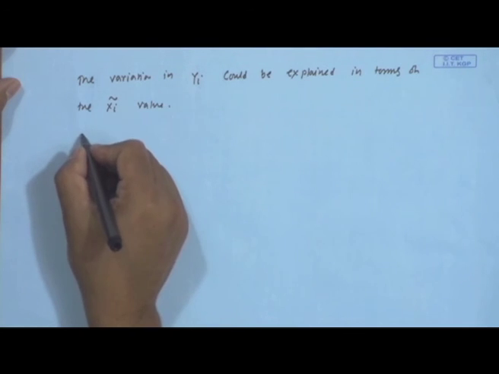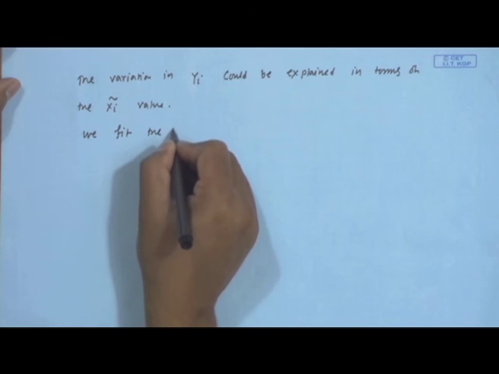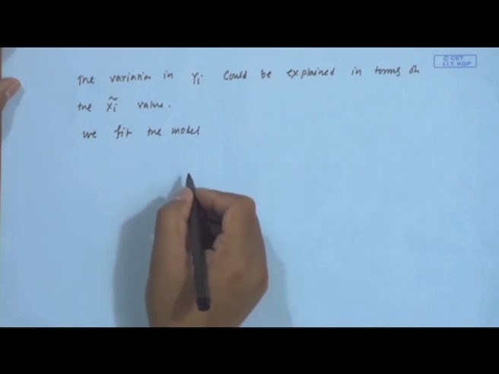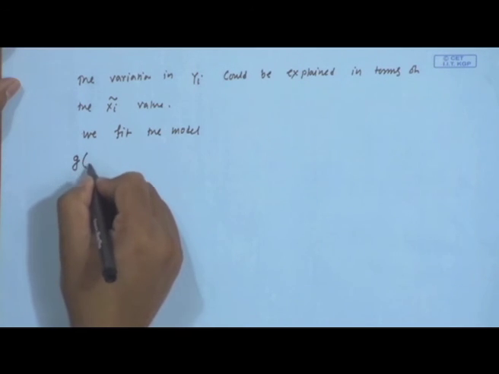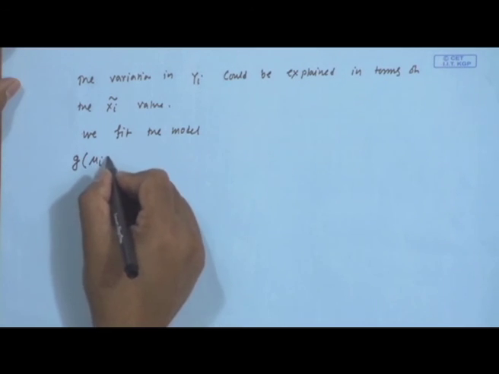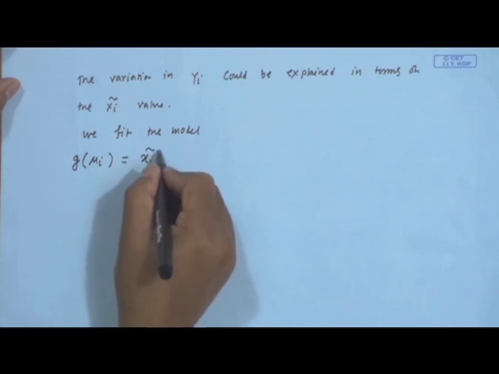So, what model do we fit? We fit the model g(mu i) equal to xi prime beta.